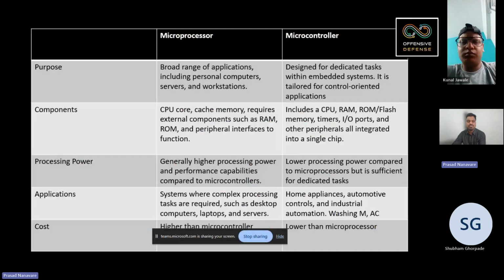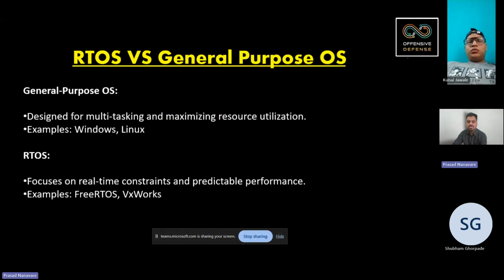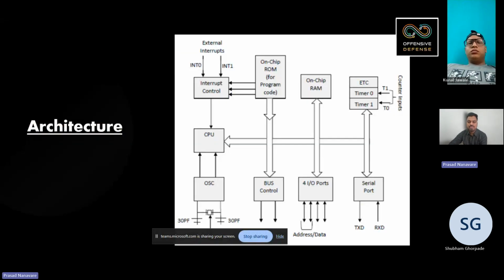Then we studied the difference between processor and controller. RTOS, you guys know, we will cover in later units as well. Now we are going to look at the architecture of 8051.